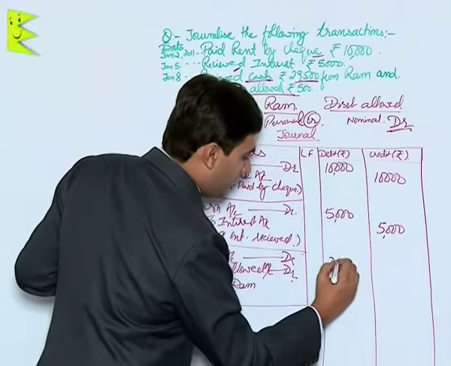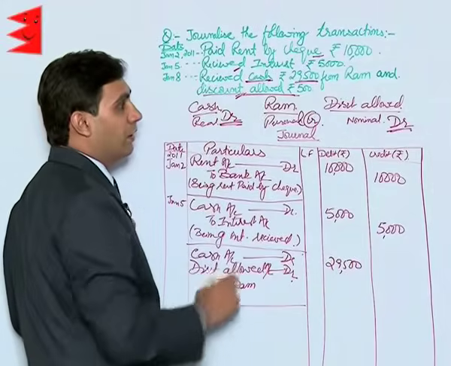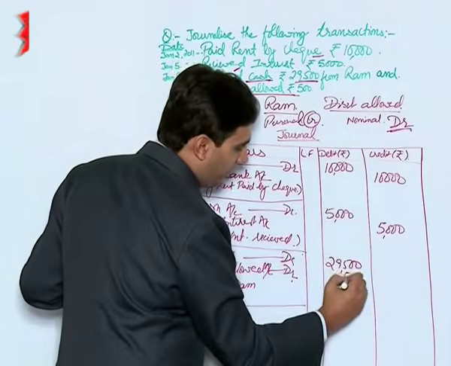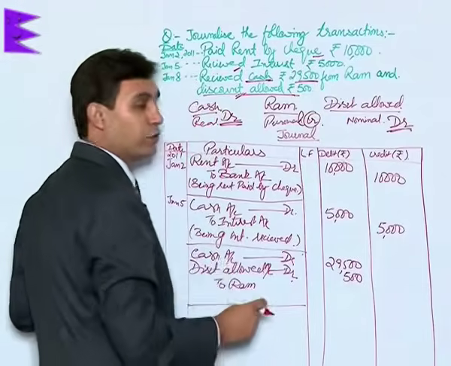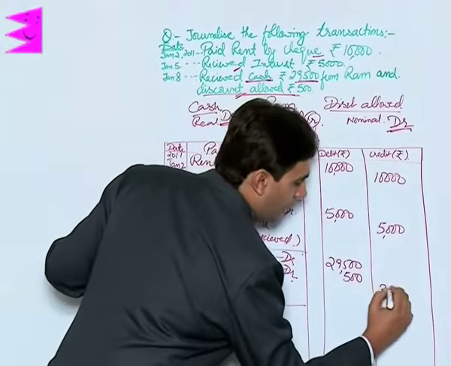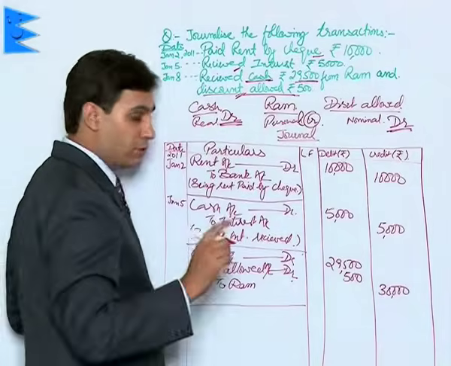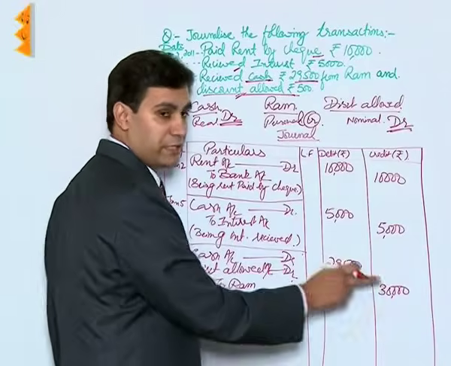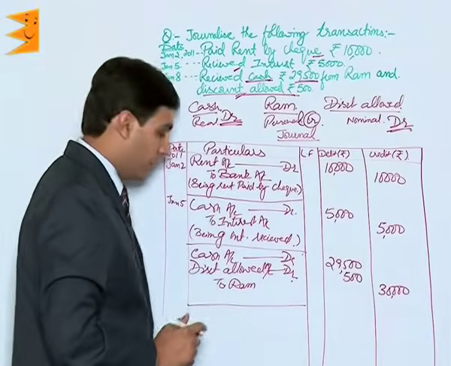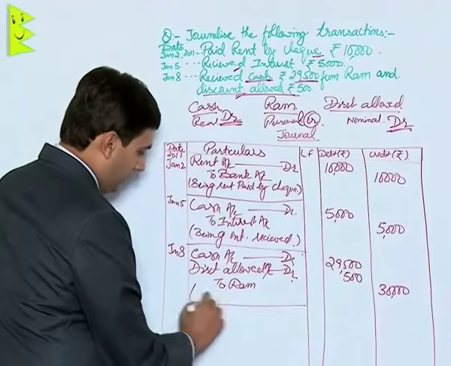Cash has been received to the extent of 29,500 rupees. We have allowed a discount of rupees 500. That is also in the debit column. That means Ram had to pay us 30,000 rupees. Make sure that the debit aspect and the credit aspect are equal. Do mention the date, that is January 8th, and narration.